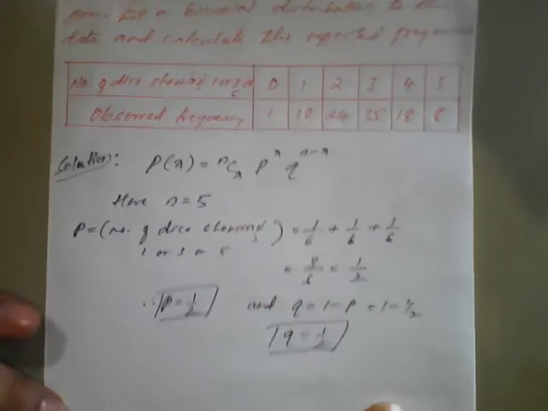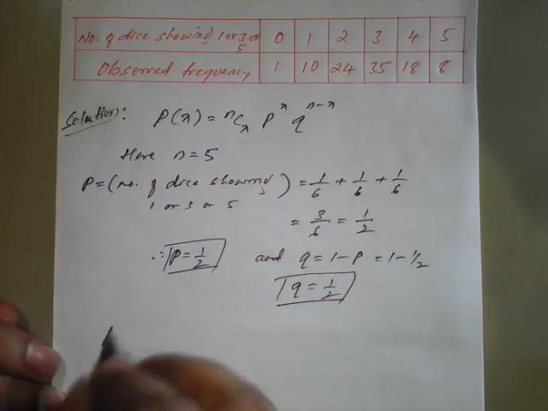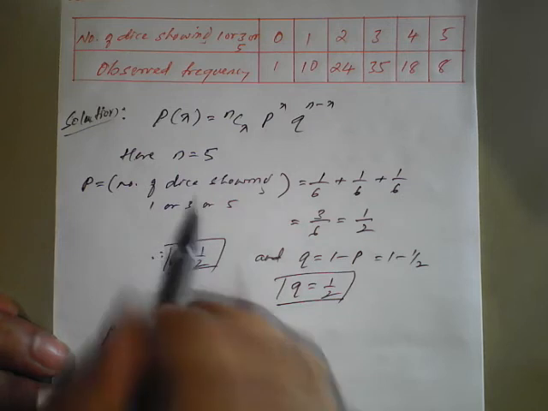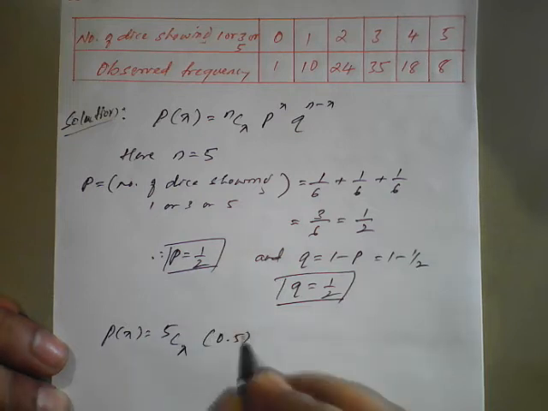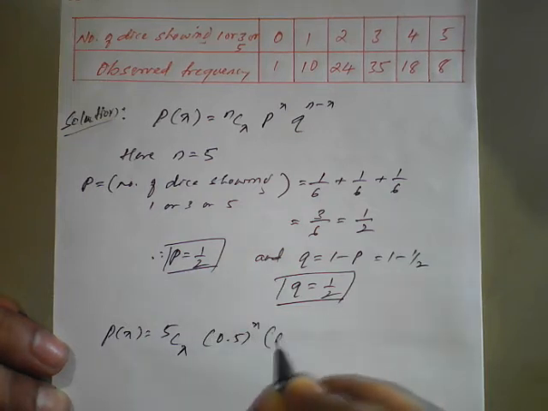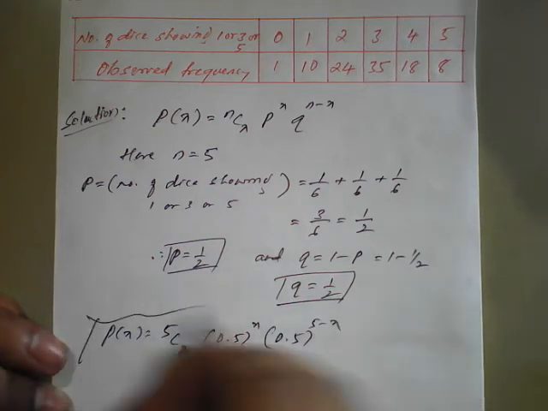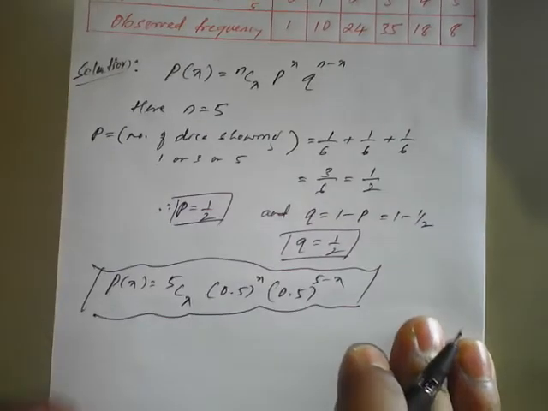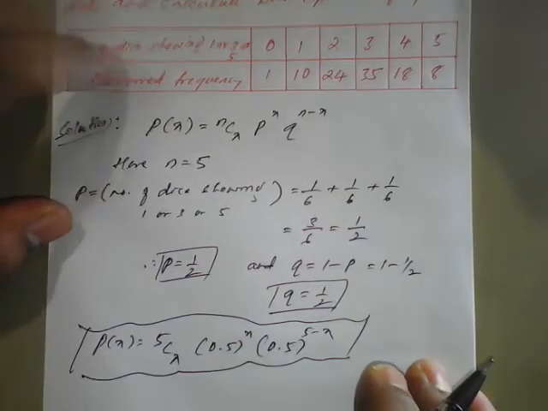Therefore our p of x will become 5Cx, 0.5 raised to x, 0.5 raised to 5 minus x. We'll keep this formula and go further. These are the observed frequencies given in the table.